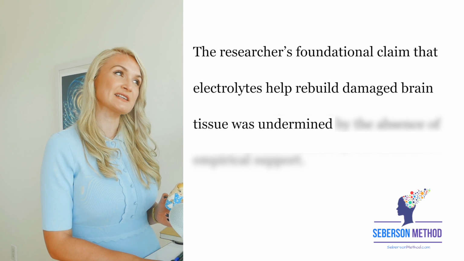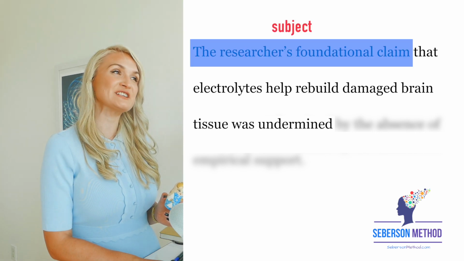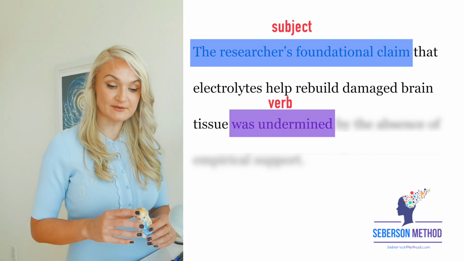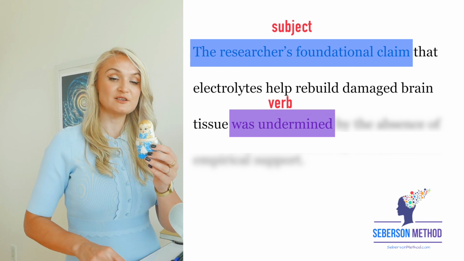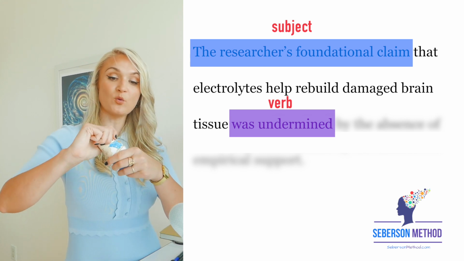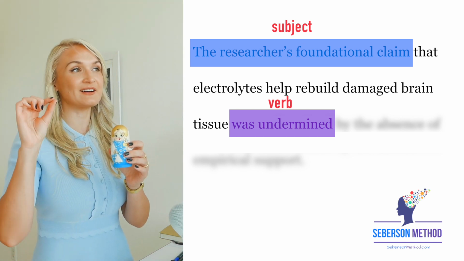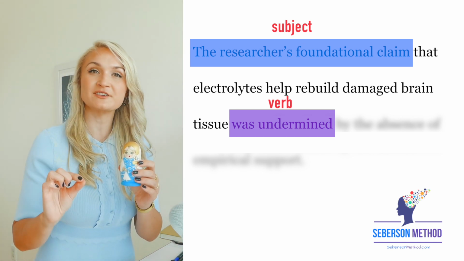What's the subject of the sentence, by the way? It's researchers' foundational claim. What's the verb? I just showed you the verb. Was undermined. Uh-oh. To be undermined means to be weakened. So the main idea of the sentence is that the claim was undermined.